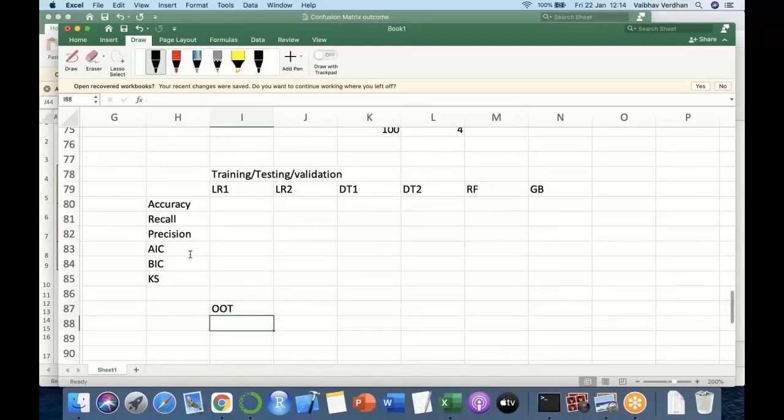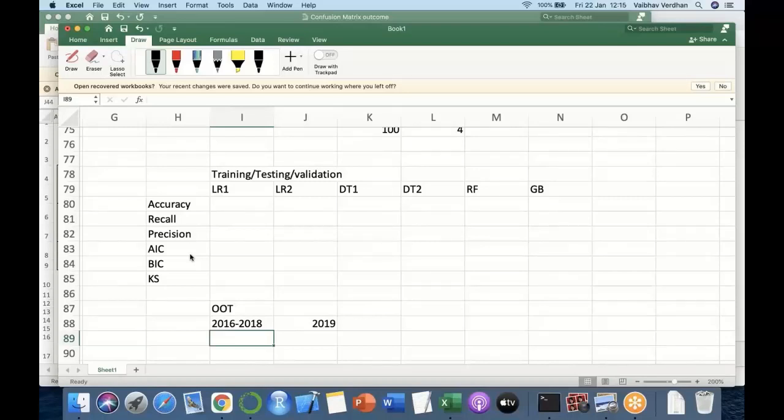That means, let's say you have used the 2016 to 2018 data set to build your model, use the 2019 data set as an out of time data set which you have never shown to your model, to test the accuracy of the model on the 2019 data set. Okay, and that will tell you the real performance of your model.